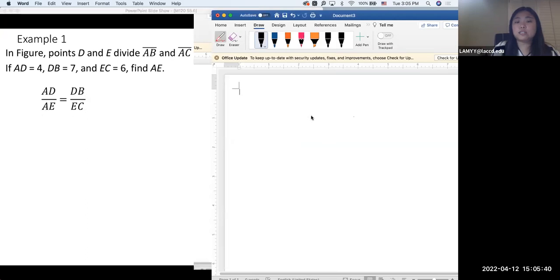You could set up the formula this way, or you could do AD over DB equal to AE over EC. Either way will work.